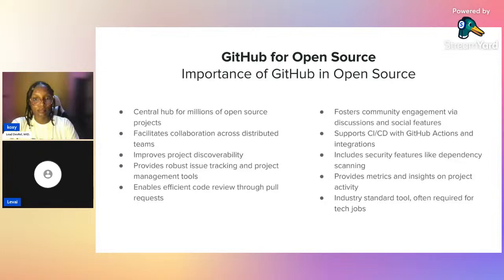So the key features of Git include branching and merging. Basically, it allows developers to create their own version of a software and create branches to work on specific features without affecting the code in the main code base.